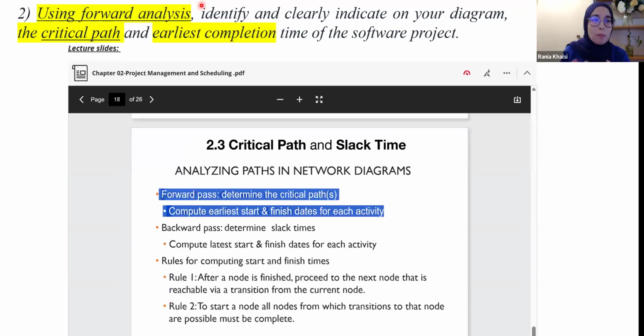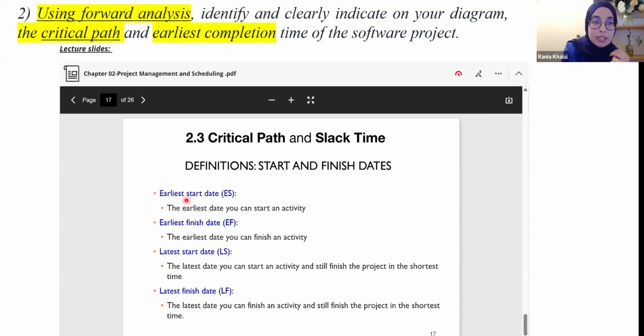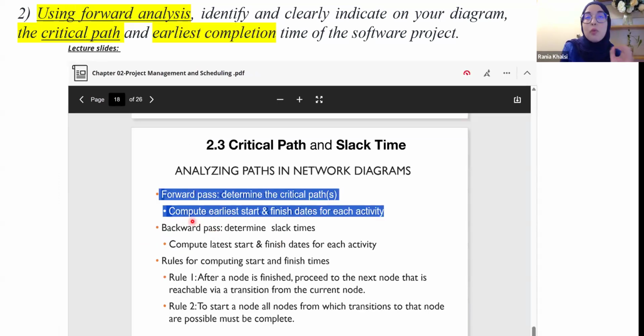Why? To perform the forward analysis, okay? So for forward analysis, we will only focus on the first two components, which are the earliest start date and the earliest finish date, okay? So when we say forward analysis, or forward path, we are going to determine the critical path.